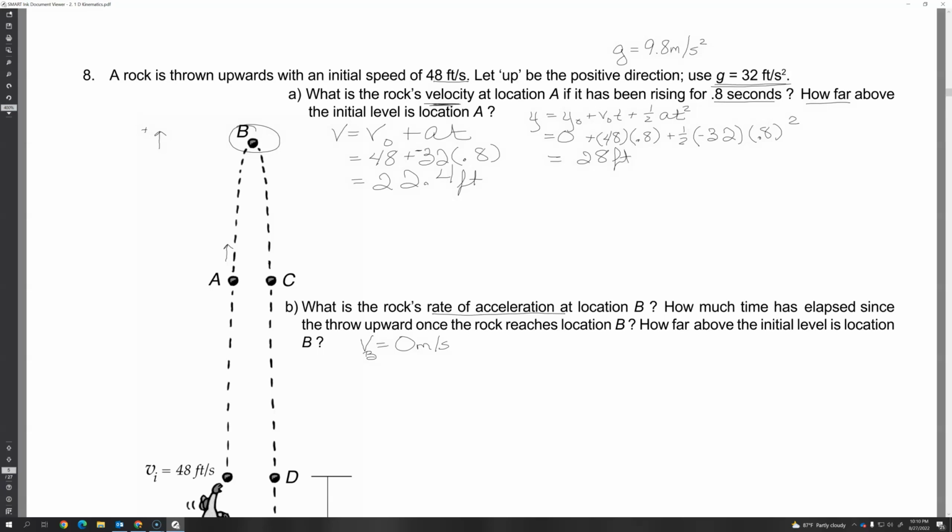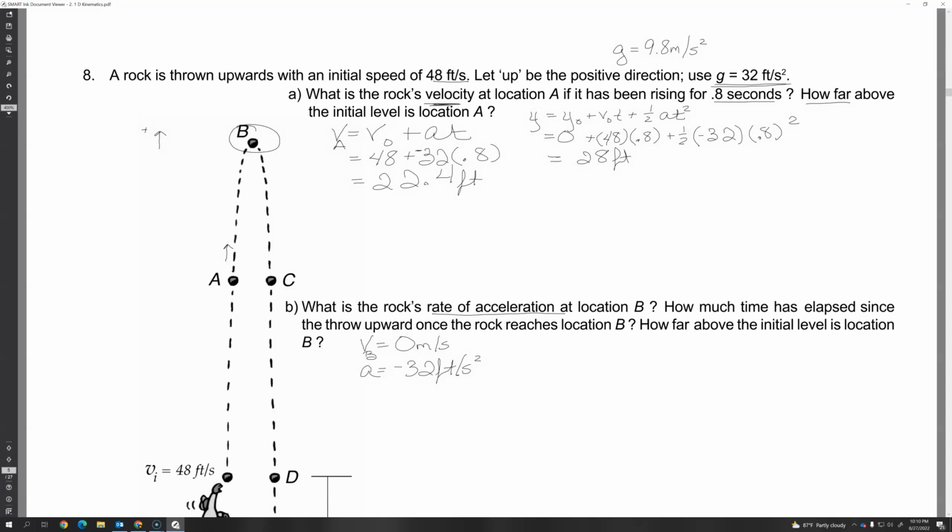It's 0. What's the acceleration it's experiencing? Well, at that point, it's not like the acceleration has suddenly occurred. We are still undergoing the same gravitational acceleration of 32 feet per second squared. It has not stopped. Gravity does not stop just because you're at the top of the path.